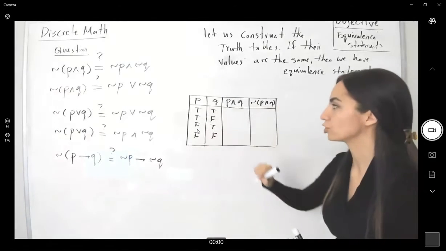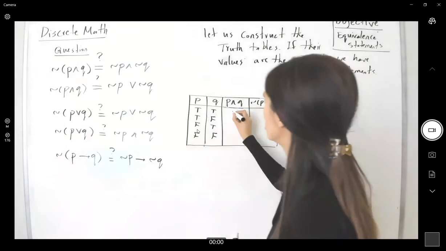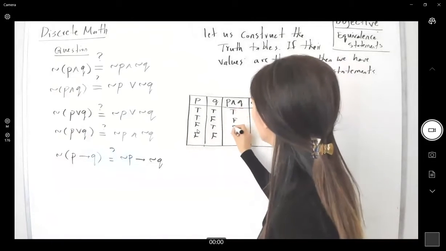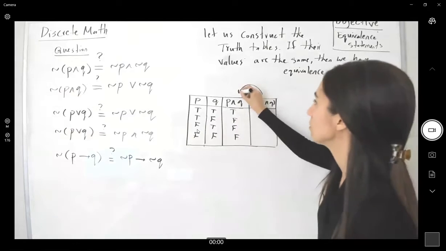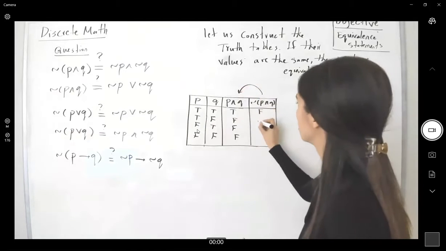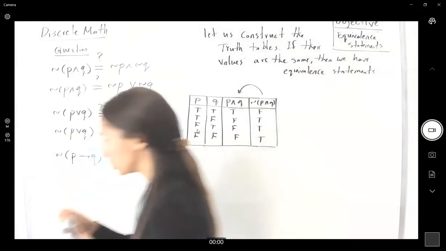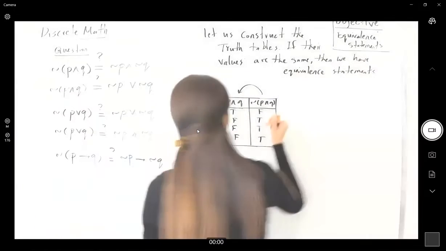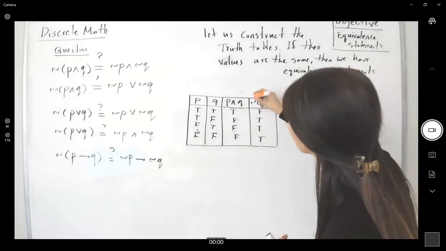Well, P and Q, we know that this is true if and only if both of the statements are true. So it is true and the rest of them are false. The negation of this column is going to be false, true, true, true. Well, I'm going to use a different color to make sure that I know what I'm focusing on. This is the column that I'm focusing on.